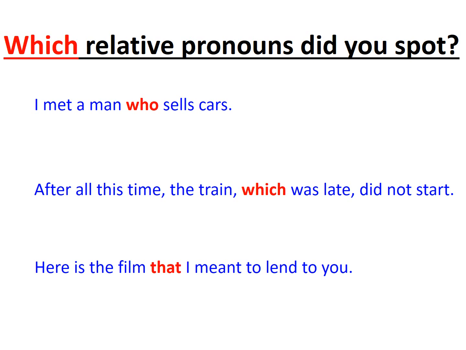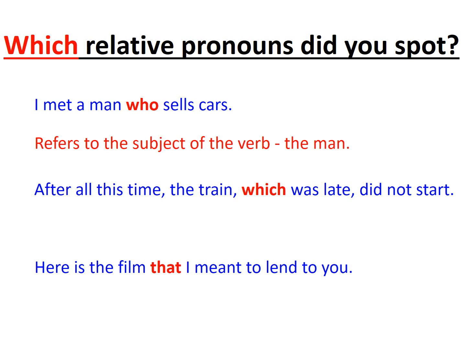In the first sentence, I met a man who sells cars, it refers to the subject of the verb. In this case, the man is the subject of the verb. And the relative pronoun links the man to the cars he sells. In sentence number 2, after all this time, the train, which was late, did not start.